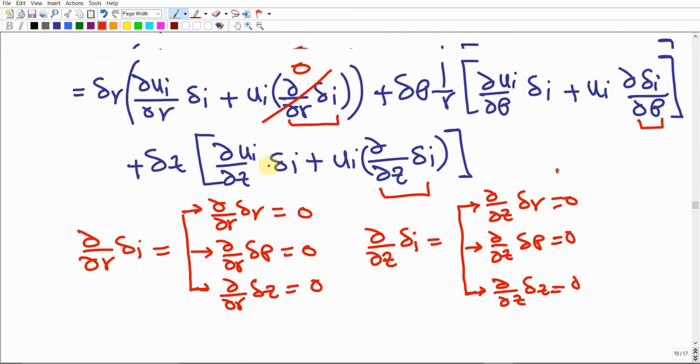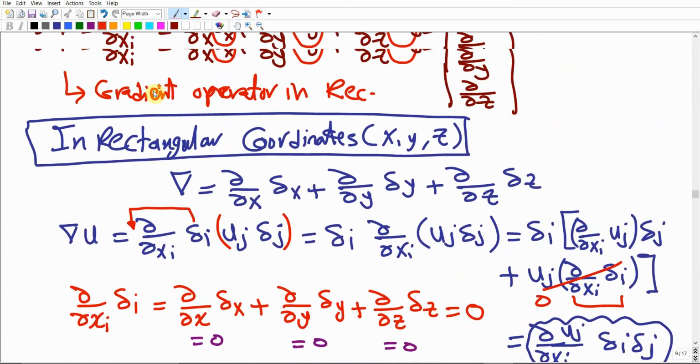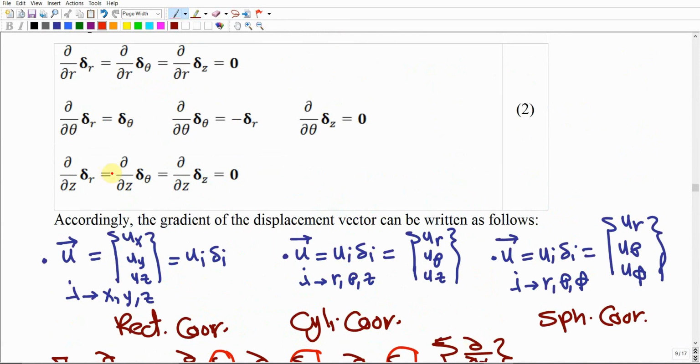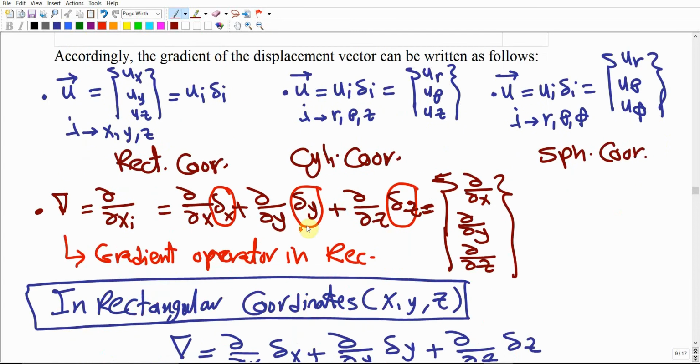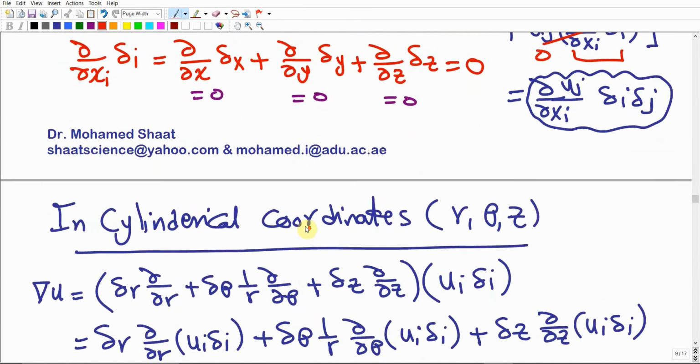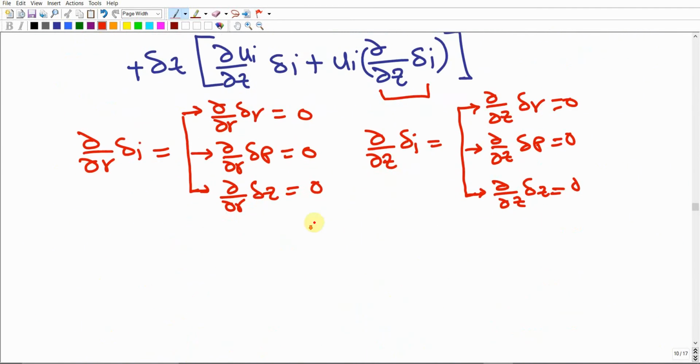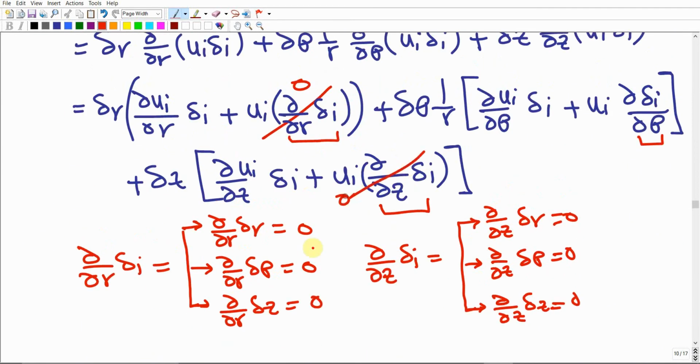All of them are zeros according to the equation that we said here: the partial derivative of r, θ, z with respect to z equals 0. But the partial by partial θ will have a value for partial by partial θ of δr and δθ, but for δz it is going to be 0. So this term will definitely be 0.